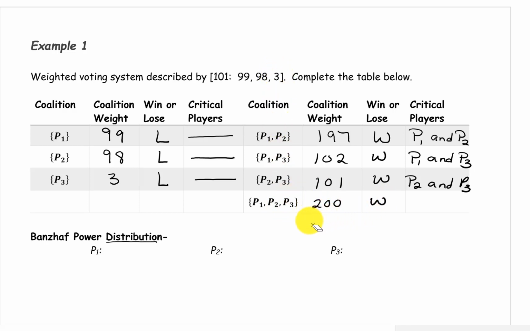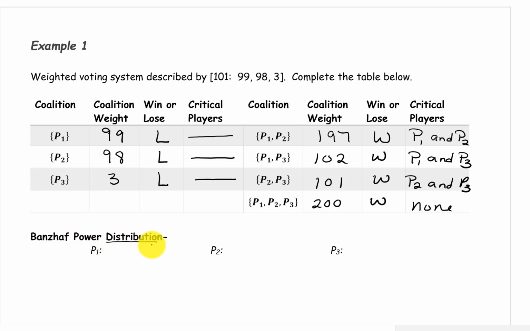It's still a winning coalition. If we remove just player 2, then the weight would be 99 plus 3, which is 102. That's still a winning coalition. And if we remove player 1, the weight would be 98 plus 3, which is 101, still a winning coalition. And so none of the players are critical in this coalition.